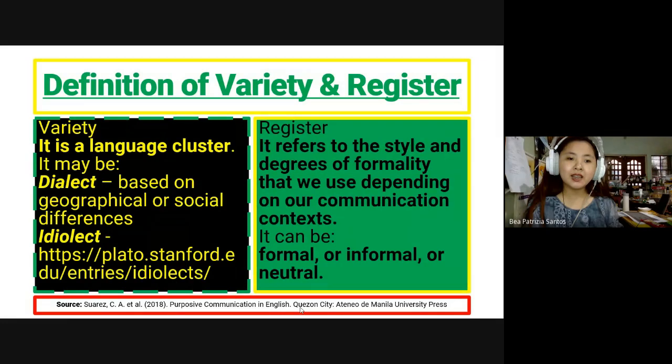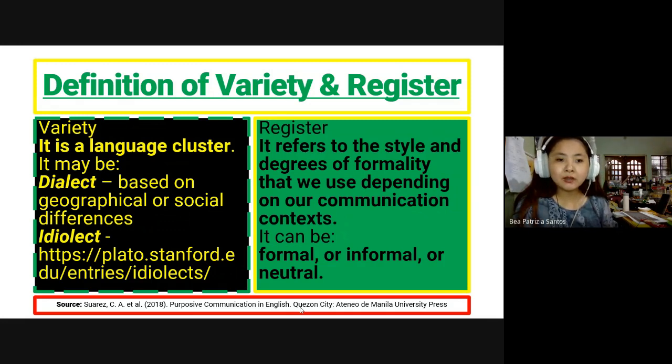It becomes a dialect because you will see some differences in the Tagalog used in Cavite or Laguna, Batangas, Quezon, or Rizal. Again, when a language has differences when used in another geographical location, the language becomes a dialect.